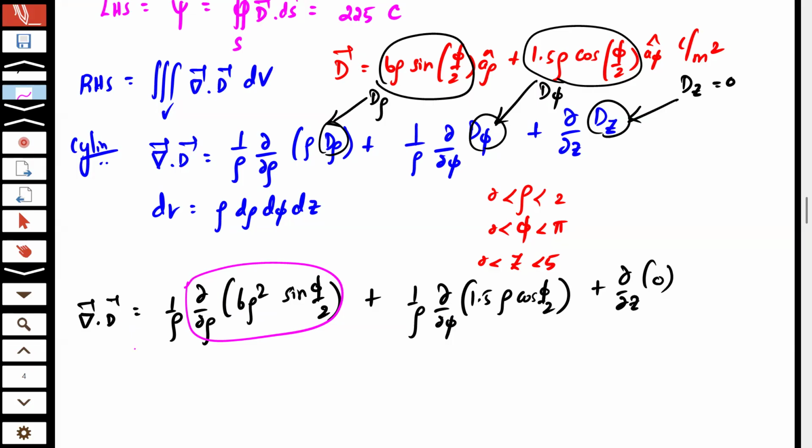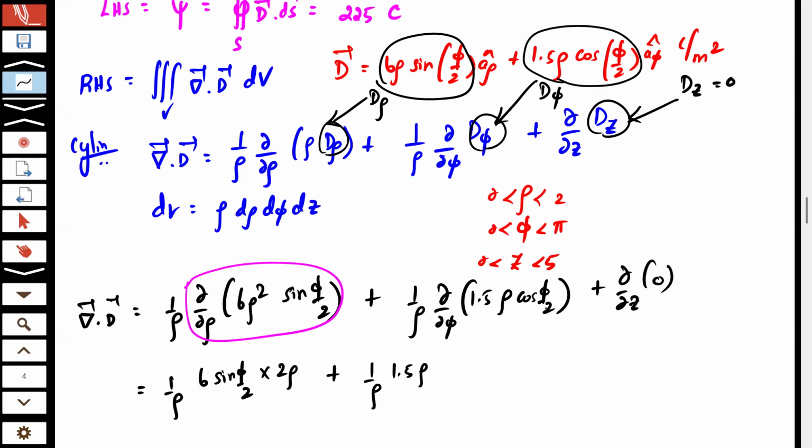So let us do the next step, differentiation of this. Rho is the variable. You can take all other things constant. So 6 is constant, sin(phi/2) is constant. Now differentiation of rho square is 2 rho. For the second term, 1 by rho and 1.5 rho are all constants.